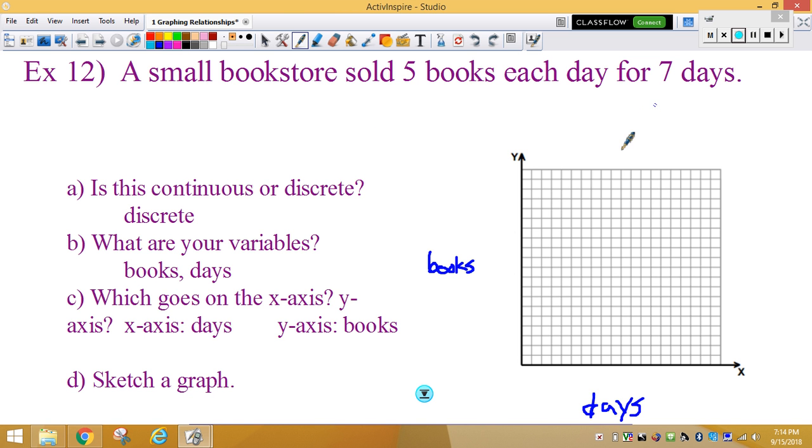I'm talking about 7 days. So I'm going to put 1 day, 2 days, 3 days, 4 days, 5 days, 6, 7, right? And we're going to put the number of books that are sold. So they sell 5 each day.